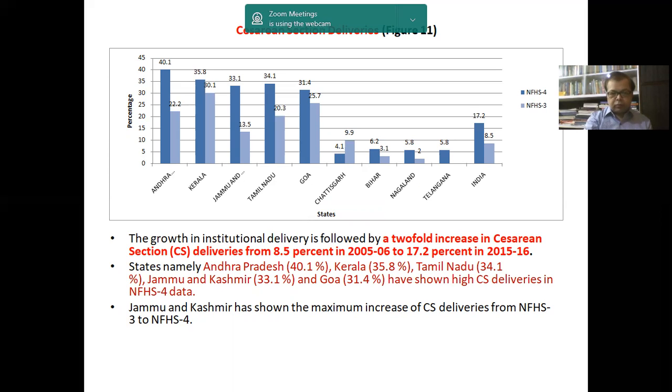So these figures suggest that there are cesarean section deliveries caused by reasons beyond medical reasons. And yes, we have published work on this particular topic, and we have identified several non-medical reasons or causes of this cesarean section delivery. Anybody who is interested can go for that paper also.